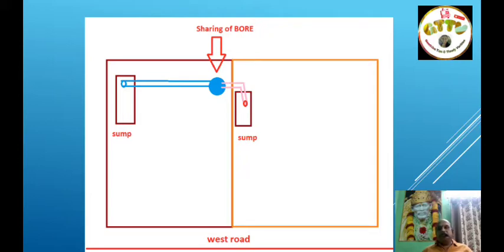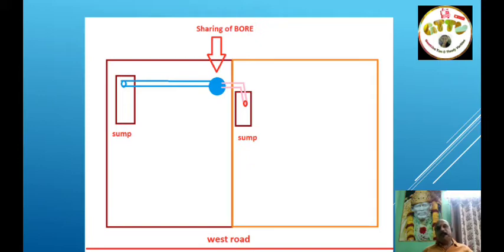They had a borewell at this place and they had a building over here. In the course of time, the brothers decided to part ways and separated the building into two equal halves. One person is staying in this area, another person in this area, and they have constructed the buildings separately. But they are sharing the same borewell because they are not getting sufficient water in that particular area.